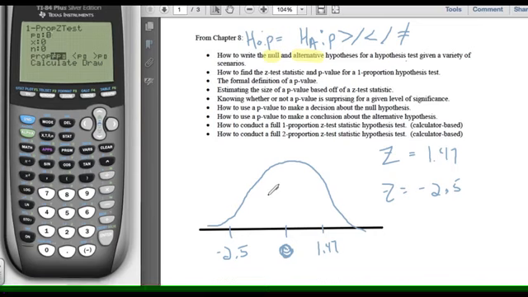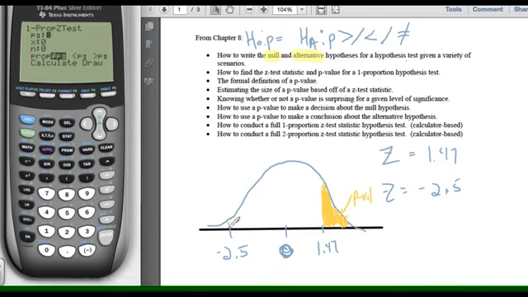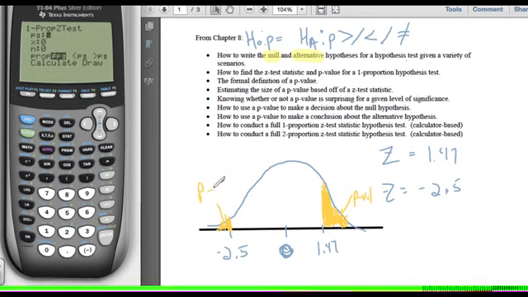The associated p-values or probabilities are in the tails. The p-value associated with 1.47 would be this area. This is its p-value. For negative 2.5, it would be this smaller area.